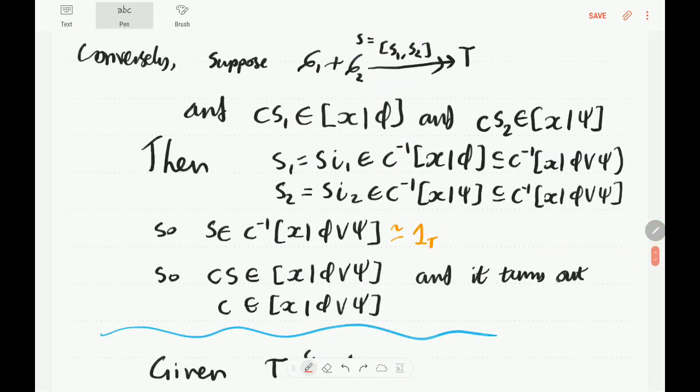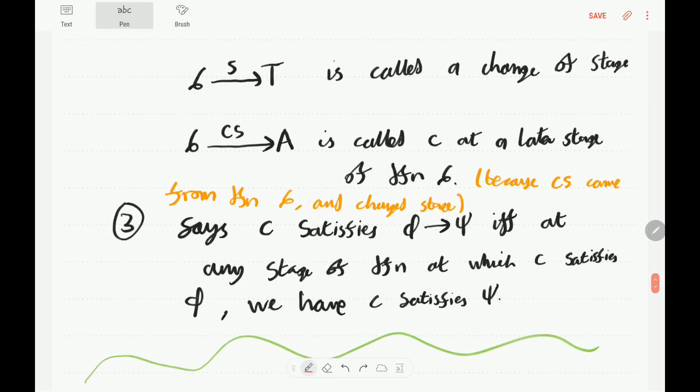Anyway, basically in this talk of stage of definitions, our discussion of implies is basically saying that C satisfies phi implies psi if at any stage of definition, when C satisfies phi, we have that C satisfies psi.